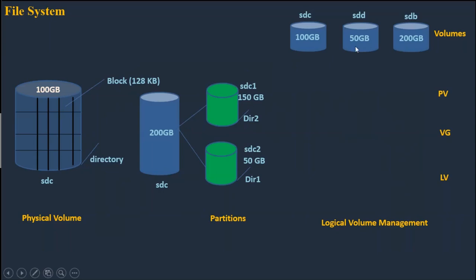No, I wanted to use these volumes as part of the logical volume management. Each volume that you would like to use within the logical volume management software has to be created as a PV, right? PV means physical volume from the LVM perspective.